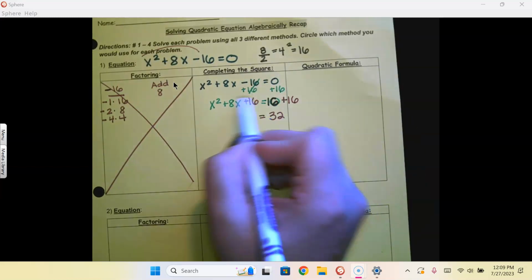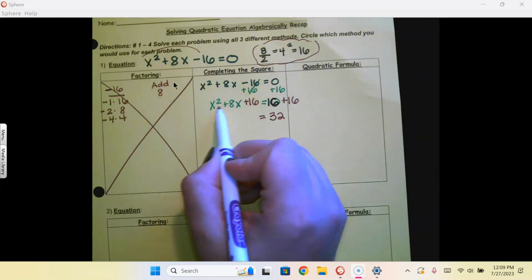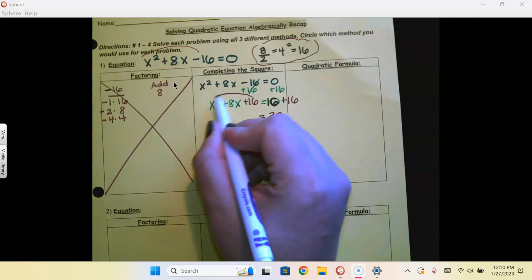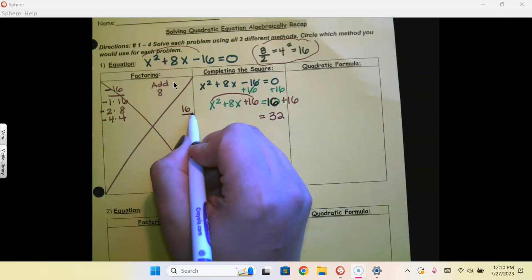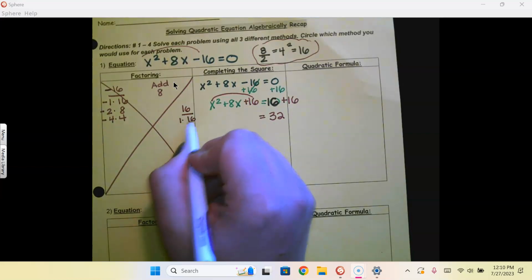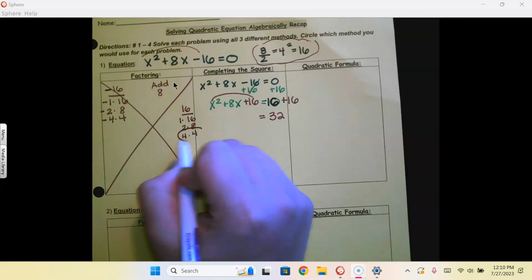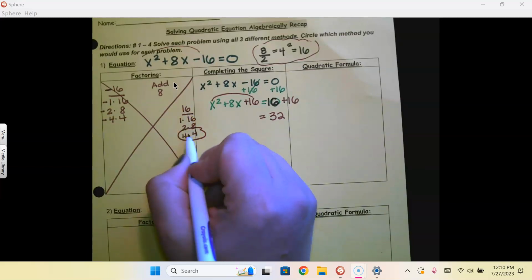And now the whole point, why did we do this up here, is because now this should be factorable. So what multiplies to 16 and adds to 8? 4 and 4 multiply to positive 16, and they add to 8.